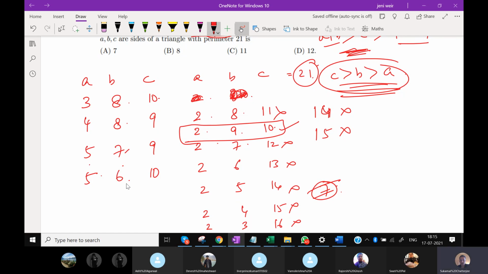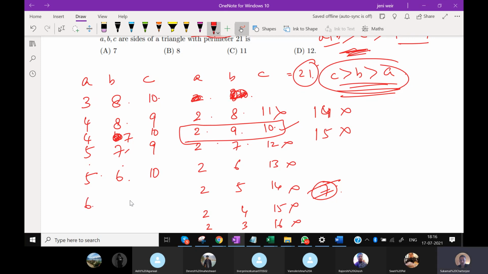That will be 21. With 4, I can take 10 and 7. So with 4, I can take 7 and 10. This will be 21. Then with 5, this.